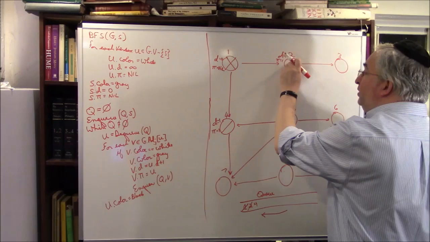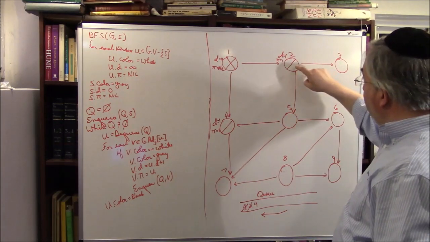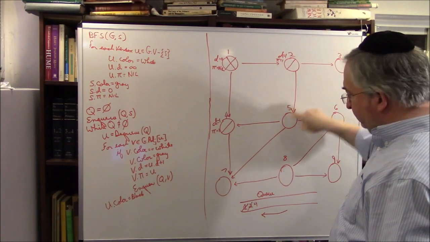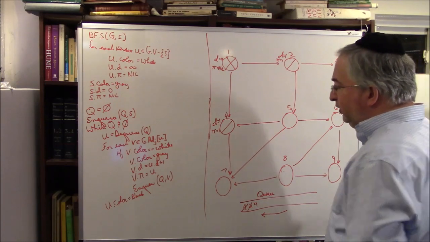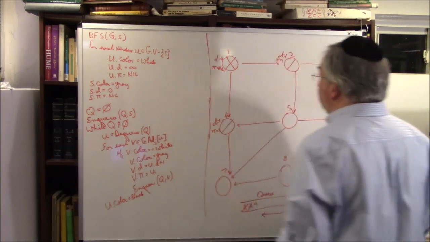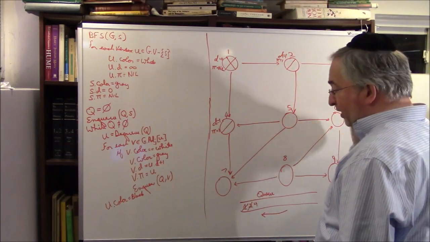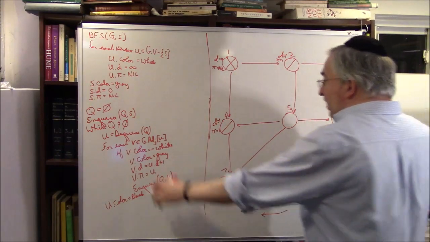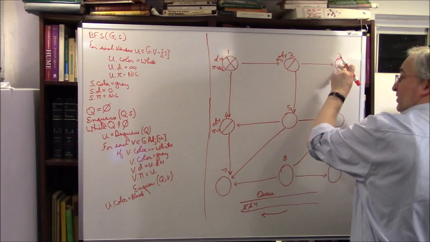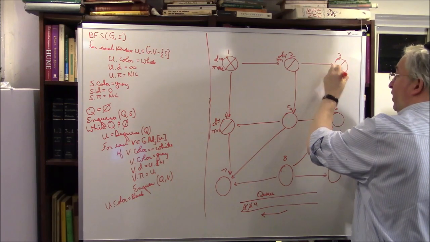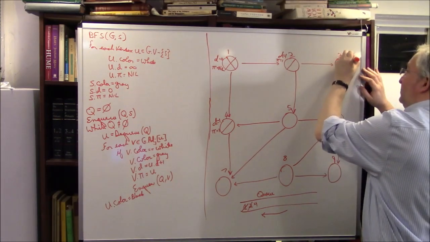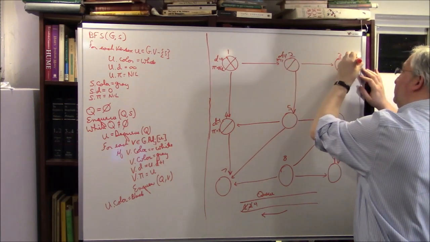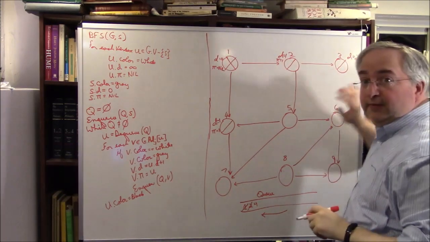We're now going to do this. By the way, he has 2 children. So we're going to look at his 2 children. For each V member of his adjacency, we're going to look at 3 first and then 5, because 3 comes before 5. If V dot color is equal to white, yes it is, so we're going to make it gray. We make the distance equal to the distance plus 1, so the distance here is going to be 2.